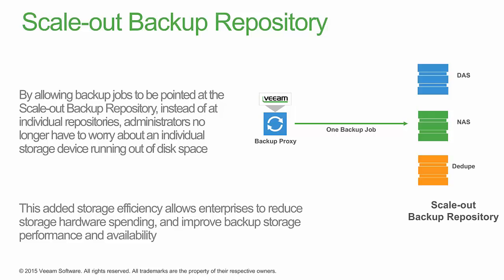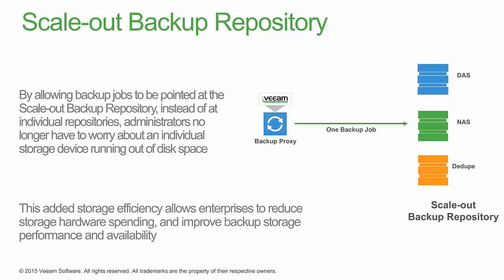Some of your backup repositories might be direct attached storage, some might be NAS, some might be a deduplication box. It really doesn't matter. You've got those repositories, then you create on top of that the scale-out backup repository, which is just pointing to them. It will send data to those repositories depending on how you've configured it.